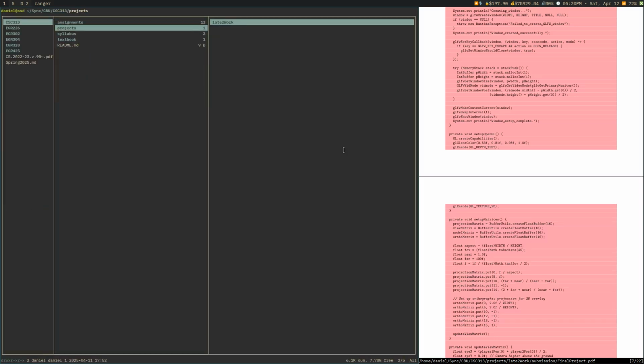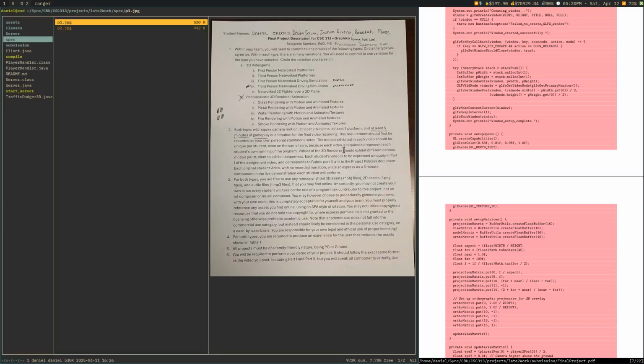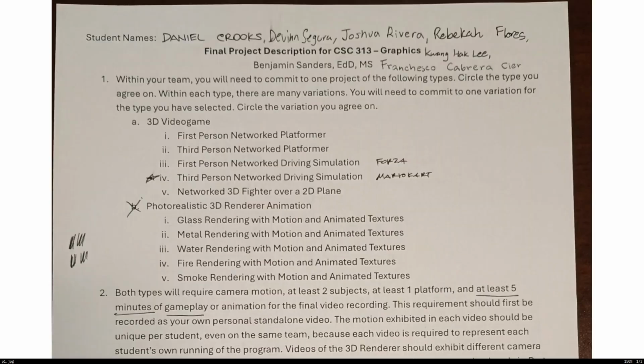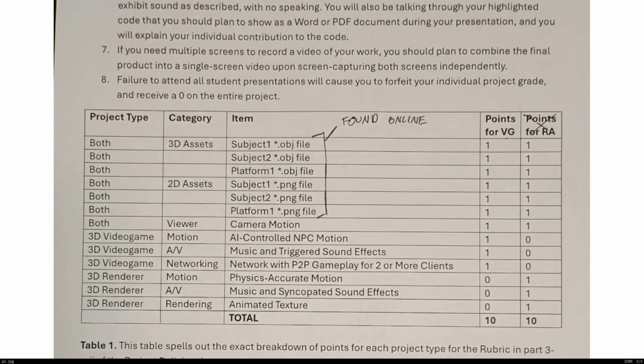We've got one PNG. Camera motion, that's the other thing I'm missing. We had that, and then we had to take it out for the multiplayer. And no NPCs in this game.